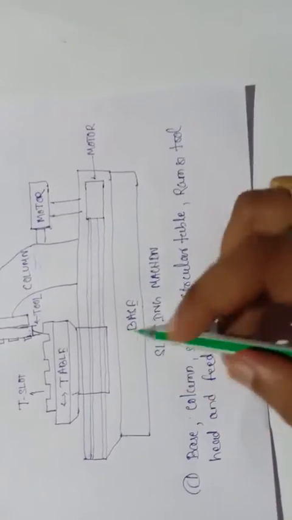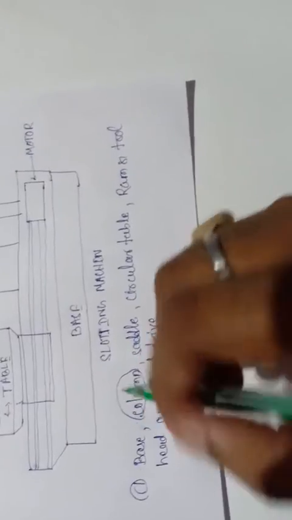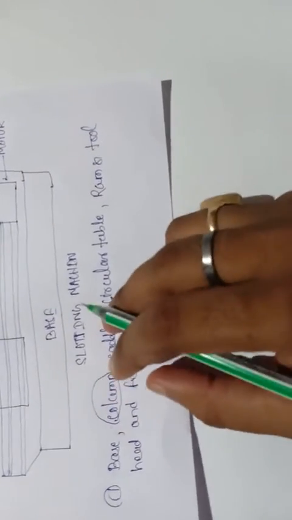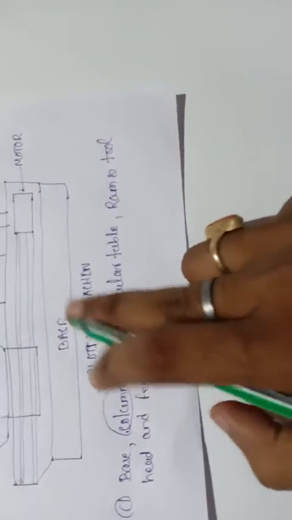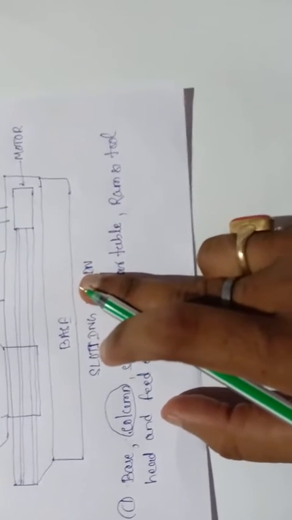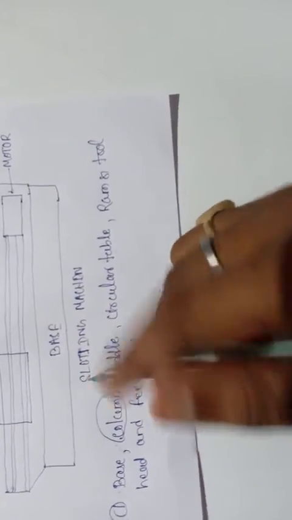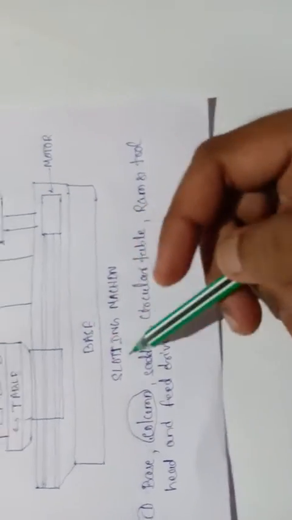Then coming to the column, the second one. This is the vertical cast, integral, rigid part of the base. It also houses the feeding mechanism of the table and saddle.